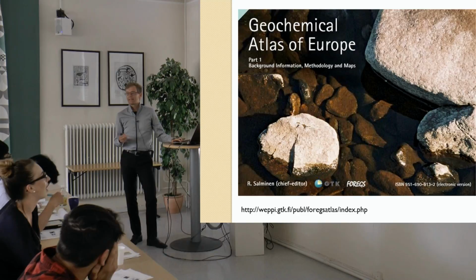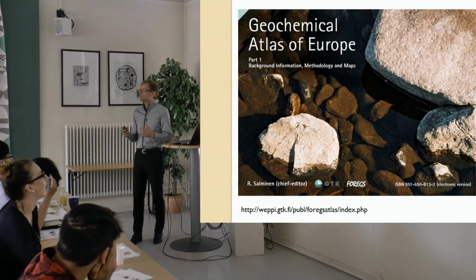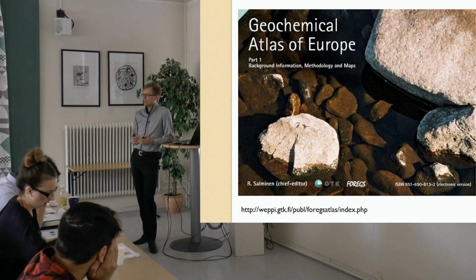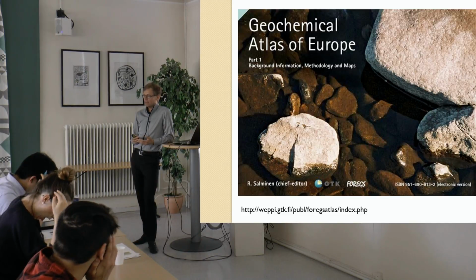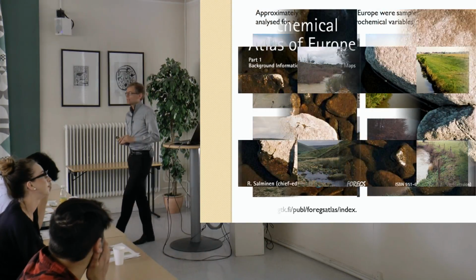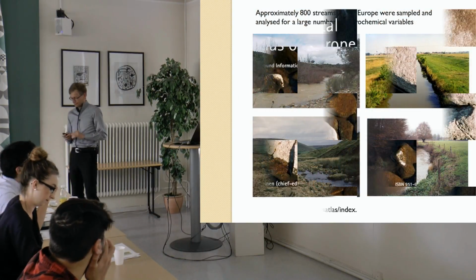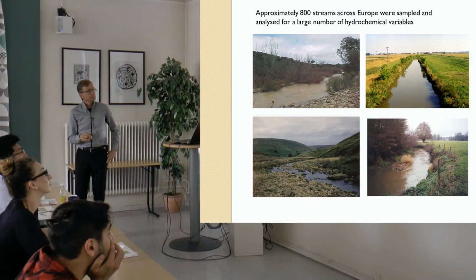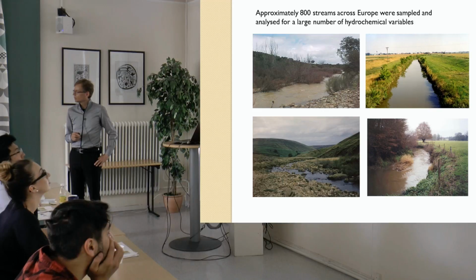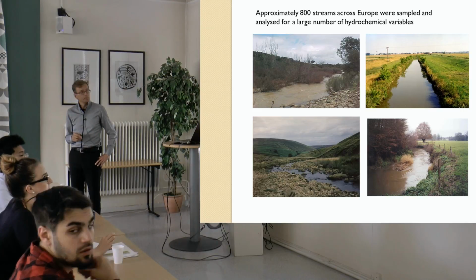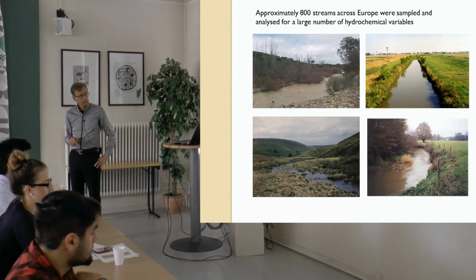Okay, but this atlas contains several kinds of materials like soils, sediments, and it also includes stream waters. So there are about 800 streams across Europe in this map, and these streams were sampled once. Here are 4 examples.